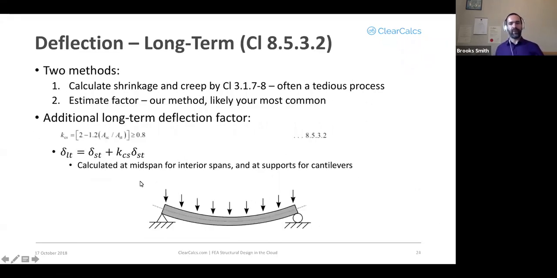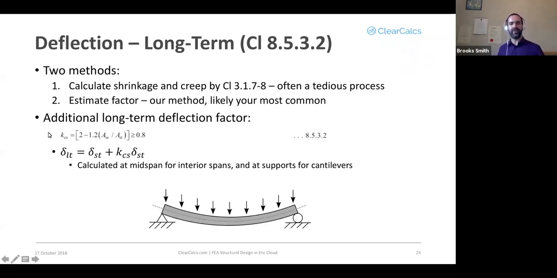And then for long-term deflection, there are two methods of calculating that. The more accurate method is to calculate shrinkage and creep individually and add those to the total effects of all of your loads. That's often a bit of a tedious process. We're not going to use it here, and we don't yet make it available, but it's to come. We're going to use the estimate factor. Likely, especially for residential construction, you're likely just going to use that as it is a considerably simpler method.